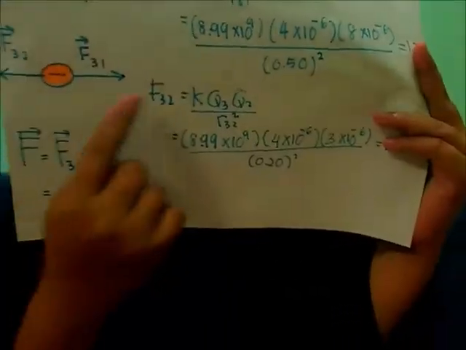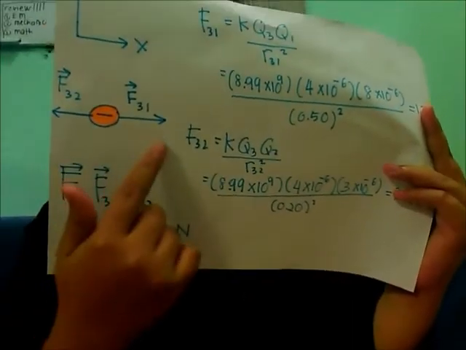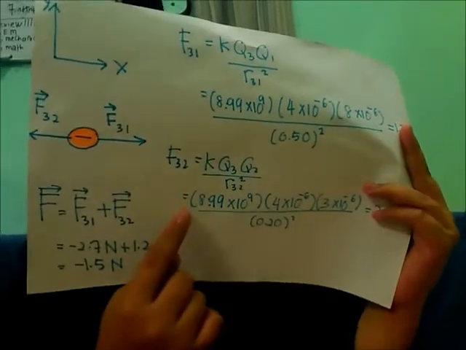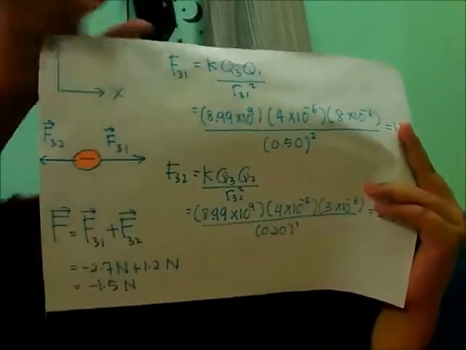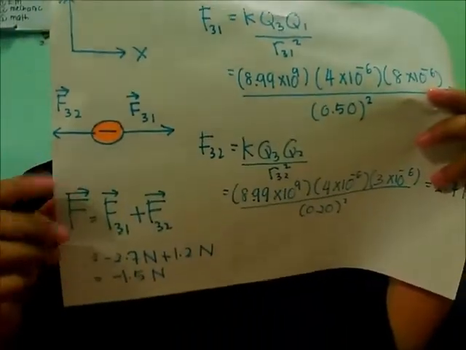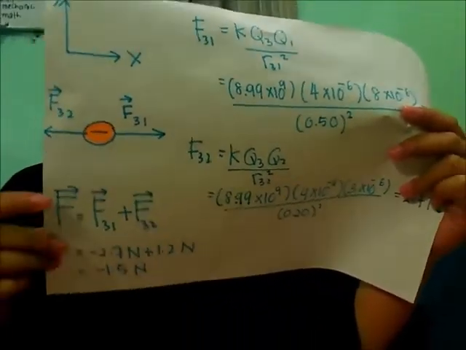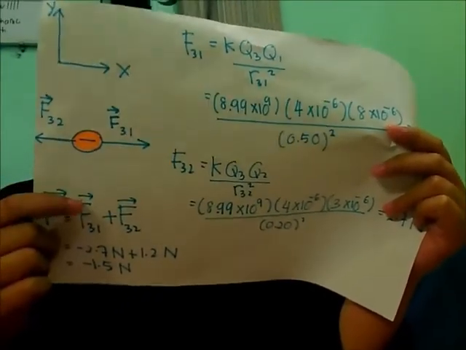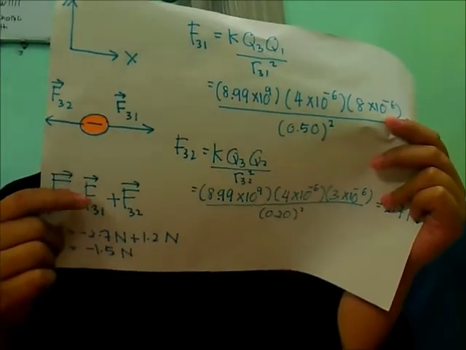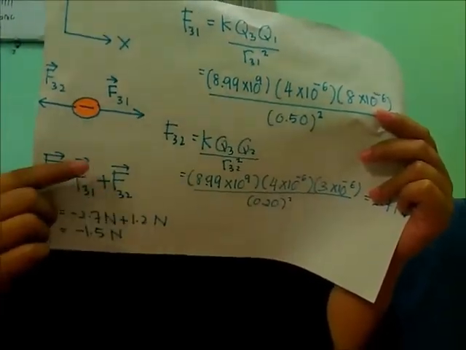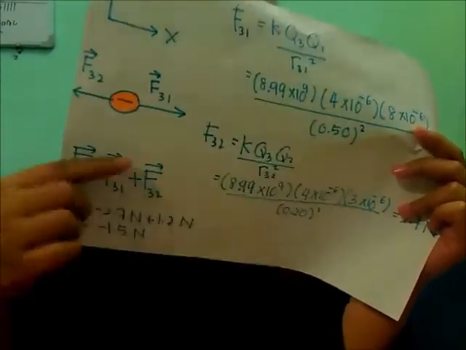The same goes for the electrostatic force on particle 3 due to charge 2. Just insert into the formula like this, as you already did in the first part, and you get the answer 2.7 Newton. The question asks you for the net force on particle 3, right? So the net force is equal to the electrostatic force F31 plus the electrostatic force F32.